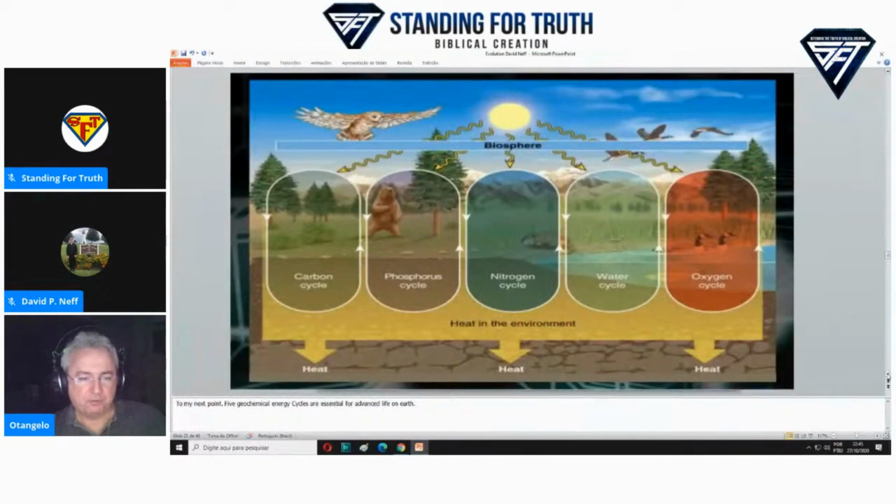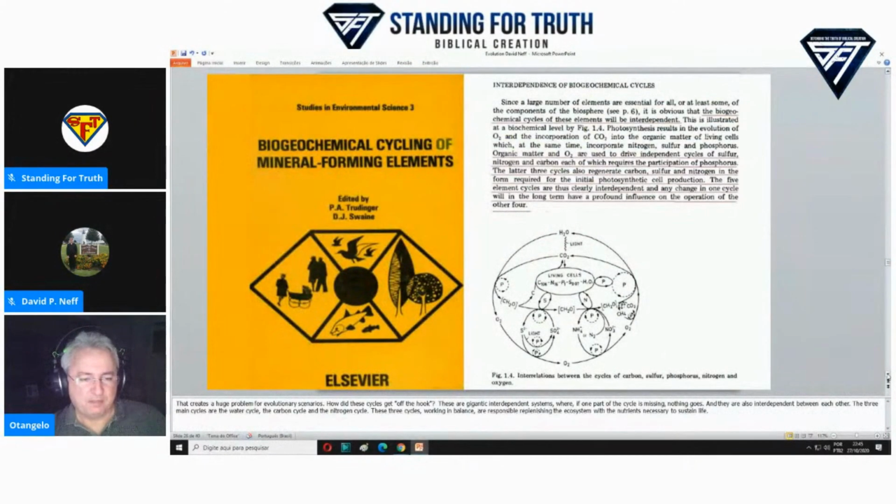To my next point, 5 geochemical energy cycles are essential for advanced life forms on Earth. That creates a huge problem for evolutionary scenarios. How did these cycles get off the hook? These are gigantic interdependent systems where if one part of the cycle is missing, nothing goes. And they are also interdependent between each other.